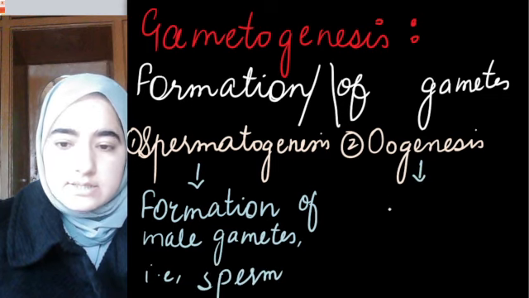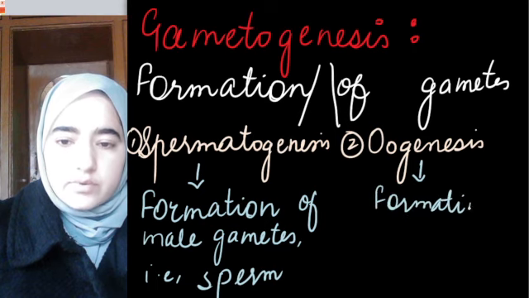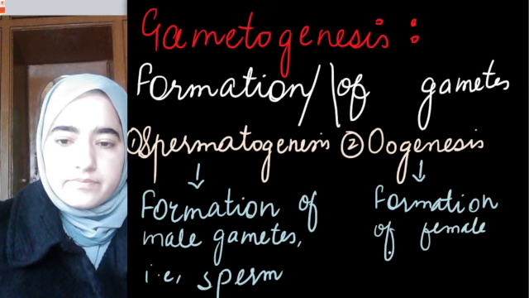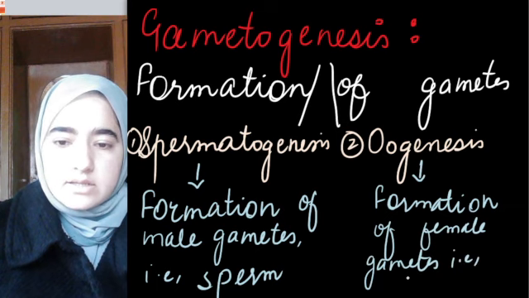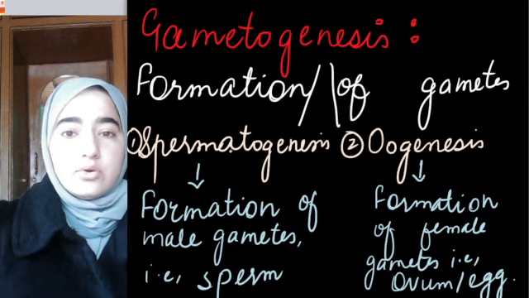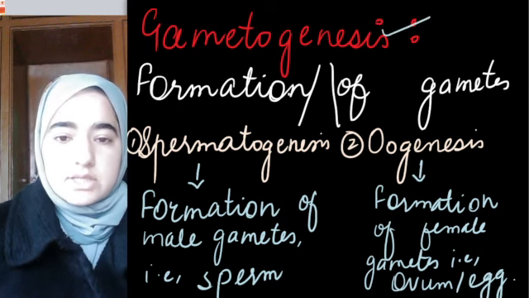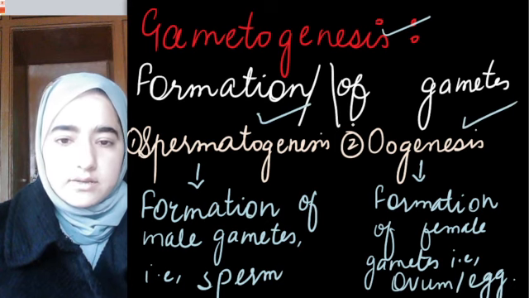And oogenesis simply means formation of female gametes, that is ovum or egg. I hope this concept about gametogenesis, spermatogenesis and oogenesis is crystal clear.